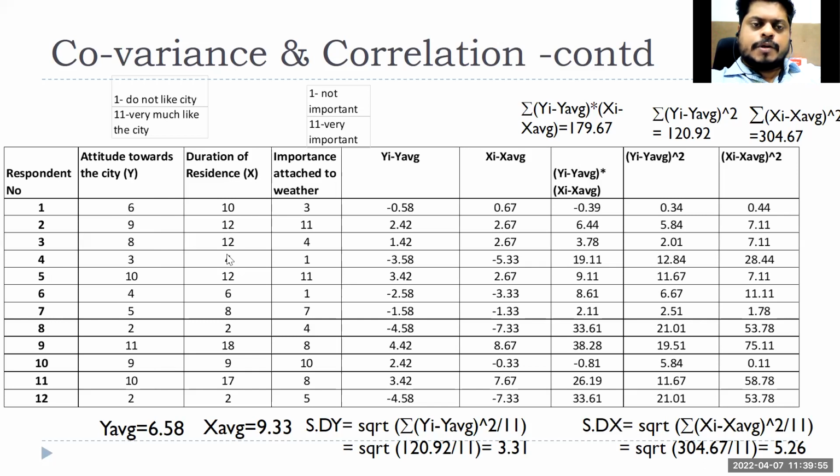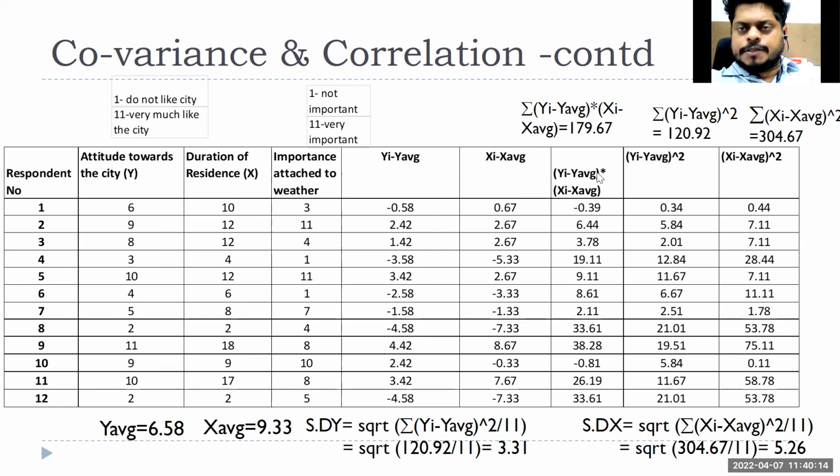Duration of residence is 10, 12, 12, like this. I take the average, it becomes 9.33 years, right? Then I find the distance from the average for attitudes towards the city. These are the individual values, right? Then xi, duration of residence, distance from the average value, xi minus x average.